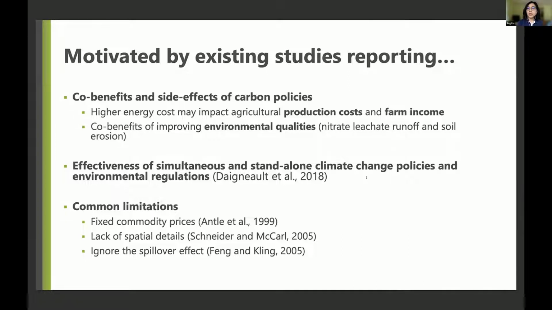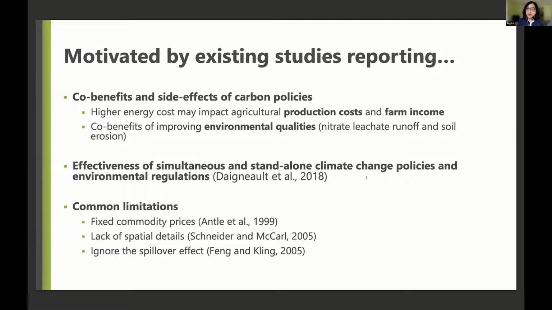They talk about the high energy cost that could drive up the price of fertilizer, and in the US, particularly for corn production, the cost share of nitrogen fertilizer ranges around 20% up and down, depending on which agricultural zone we're talking about. So this could have an impact on production cost and then farmers' income.